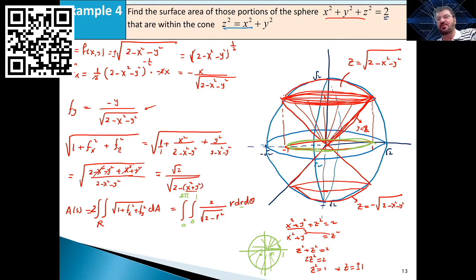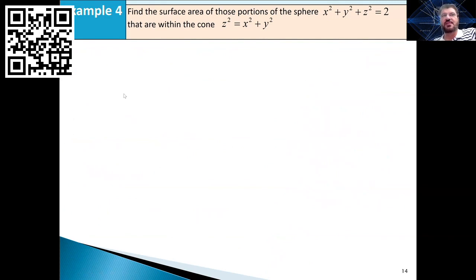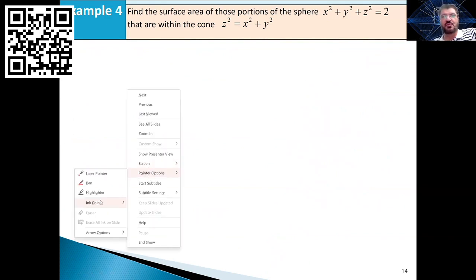How do we integrate this one? Remember, we go inside. So I will take you to the next page. Let me change the color because the green is too light here. Let's take this one.